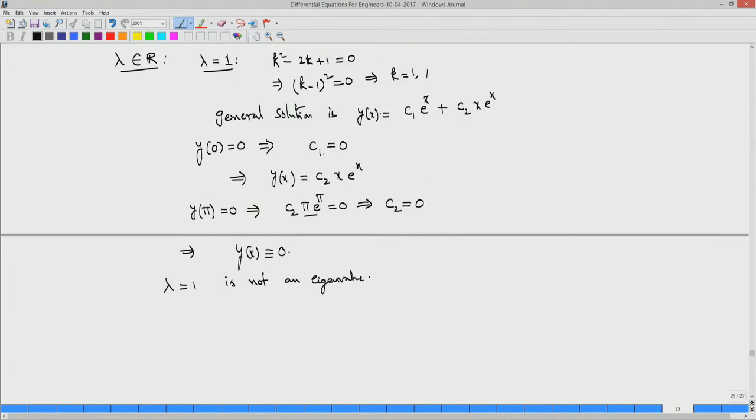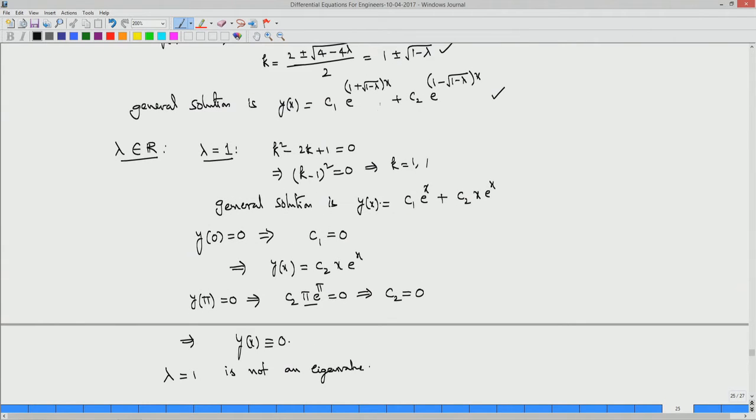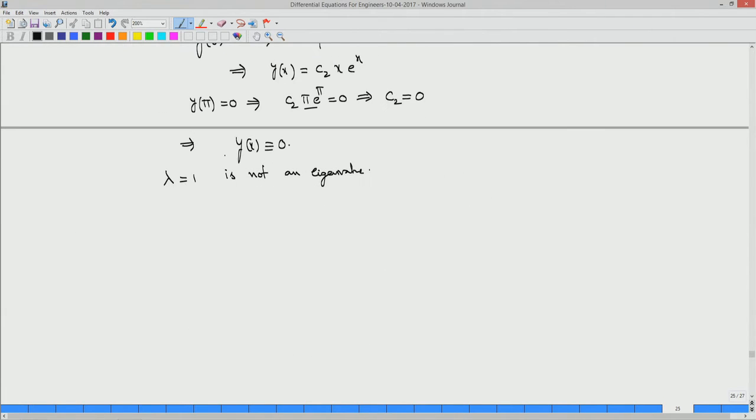So you can look at λ greater than 1 and λ less than 1. You have three cases.